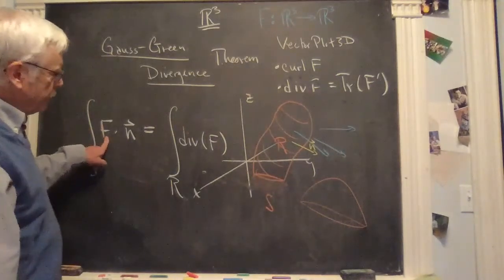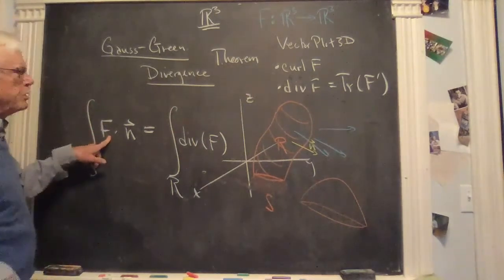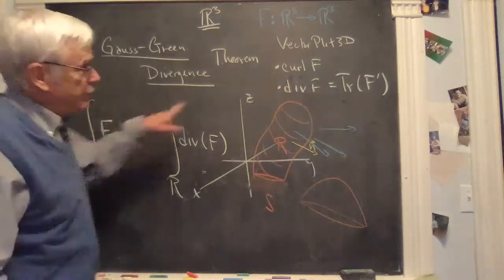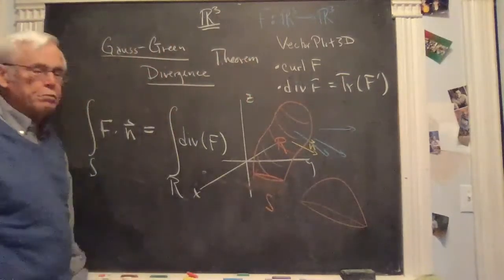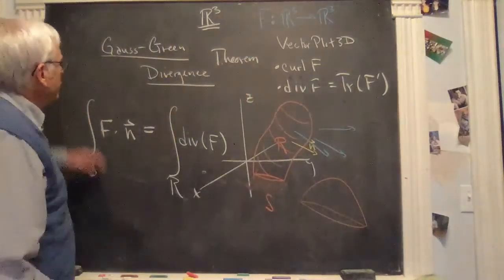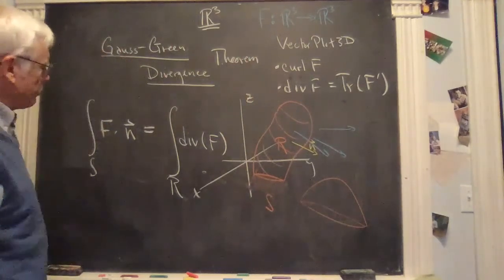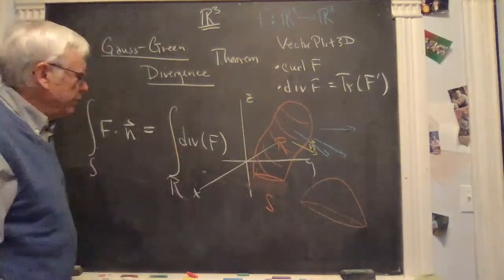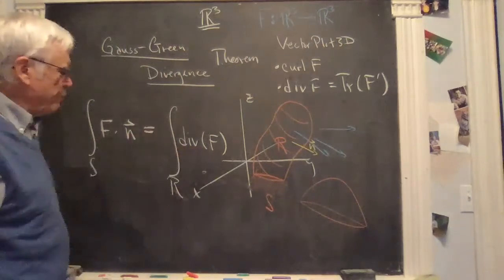And capital F needs to have some differentiability properties, so it can't be just continuous. Usual properties are that its derivative, F prime, is a continuous function. So continuous partials. So this is the Gauss-Green theorem or the divergence theorem. And again, I'll give you problems in the book where you verify that it's true by computing a triple integral, by computing a flux integral, showing they're the same.